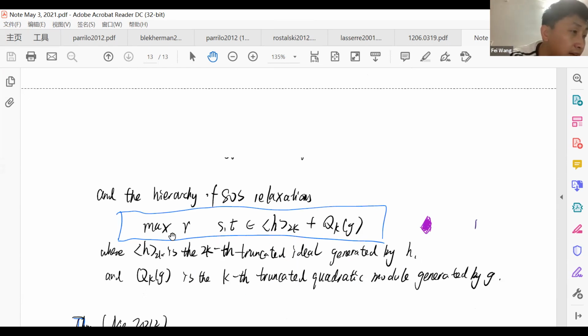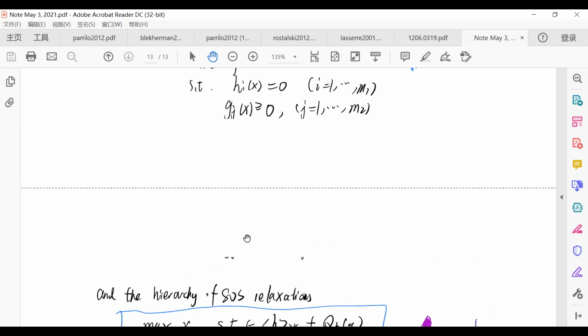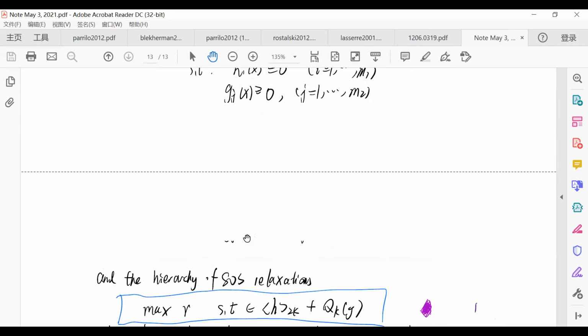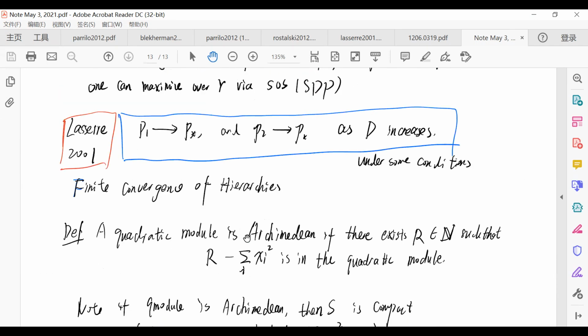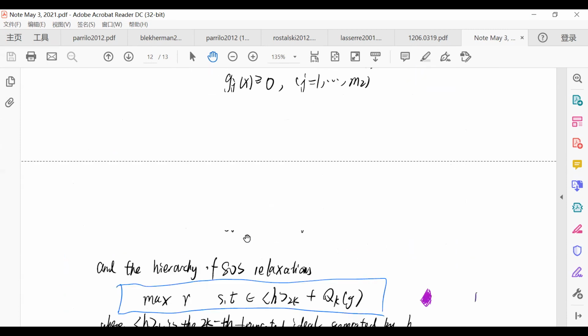So we want to maximize gamma such that, sorry, I think there's something missing there, p(x) minus gamma is in the quadratic module.